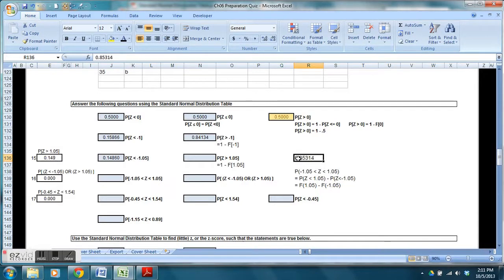That's the probability that z is less than 1.05, or this is the same thing as big F of 1.05. This is equal to 1 minus big F right there.